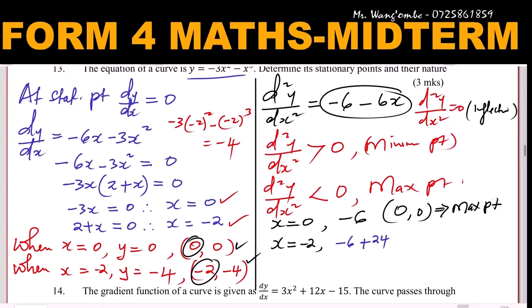And so this will give positive 18. So the second derivative is giving positive 18, that means it is greater than 0. So this will be a minimum point. So that means that negative 2, negative 4 is a minimum point. So we have identified the stationary points and we have determined their nature.